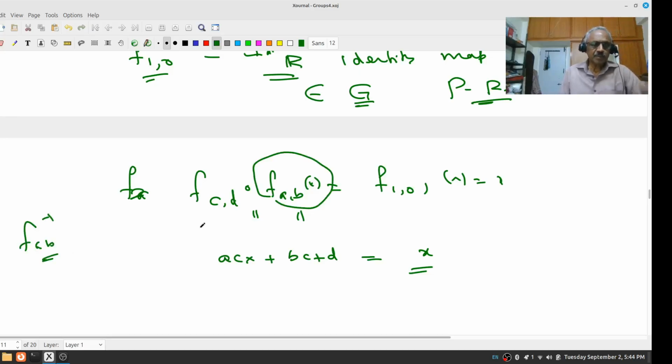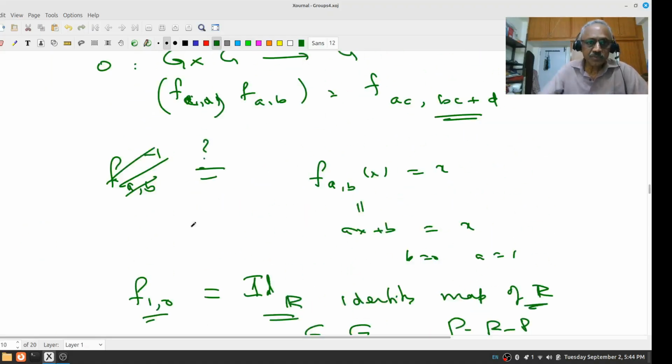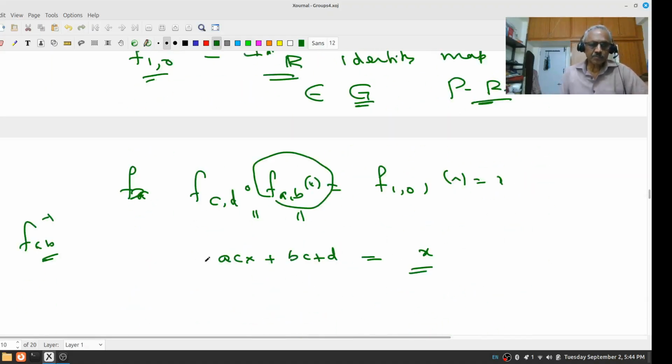So it must be again in the group G. That means it must be of the form f of (c, d). Therefore I have to find out what are c and d. Let us assume f of (c, d) composed with f of (a, b) at x equals x. That means acx plus bc plus d must be x. So what does this mean?